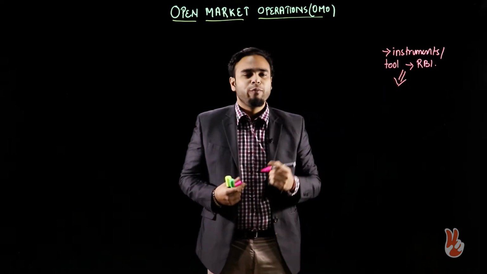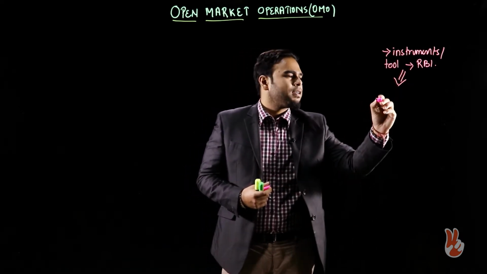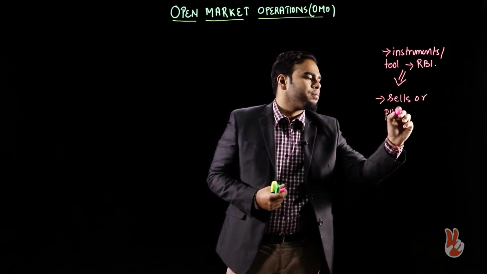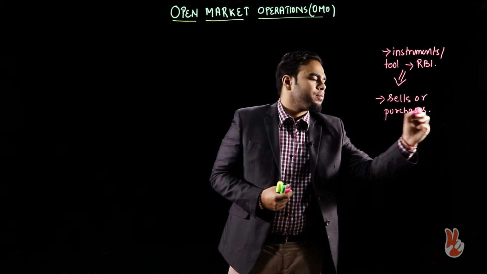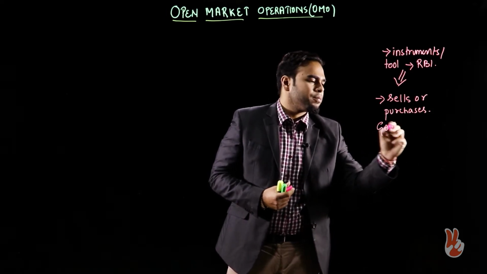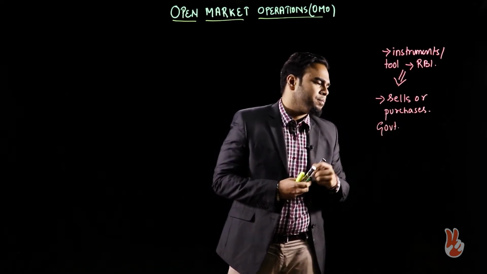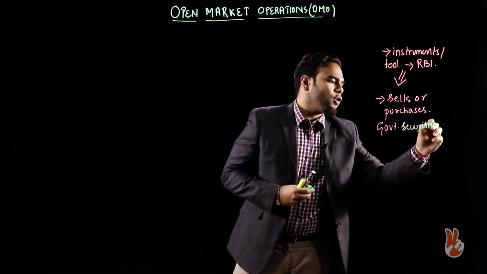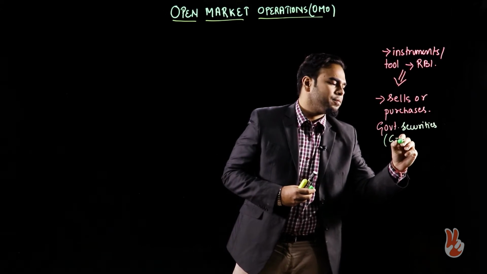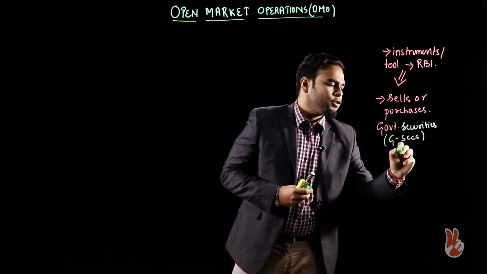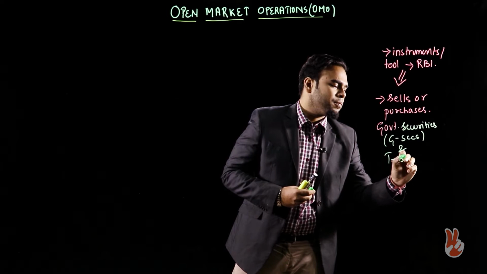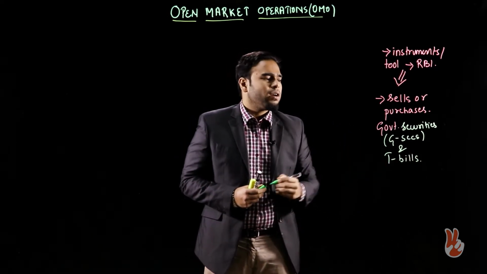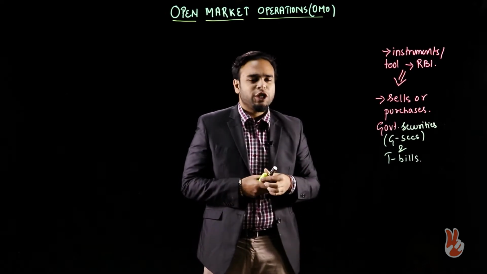With the help of OMOs, the RBI sells or purchases government securities, which is also called as G-Secs, and Treasury bills. Now before we talk about what is OMOs, you have to understand what is this government securities and Treasury bills.